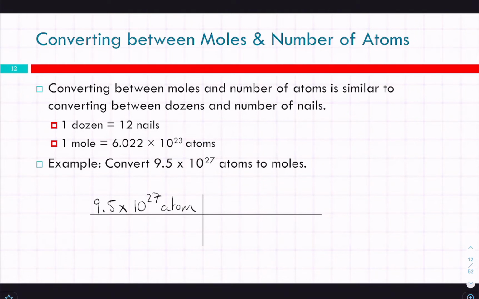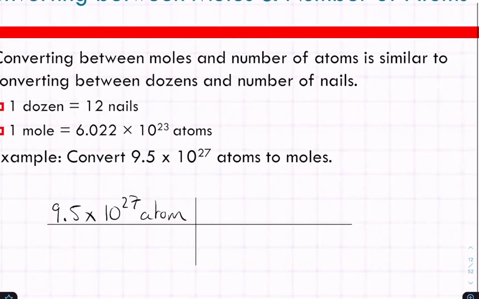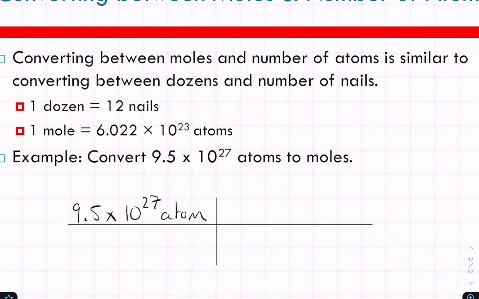So how does our conversion factor fit into this? How do we convert it from atoms to moles? We would have to figure out how many atoms are in 1 mole. Yep, so 1 mole is 6.022 times 10 to the 23. So we would put that 6.022 on the top and then 1 mole on.